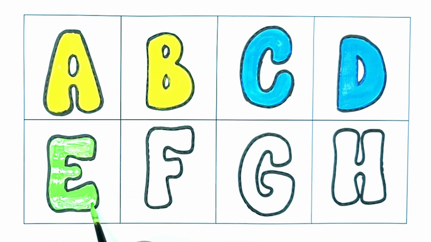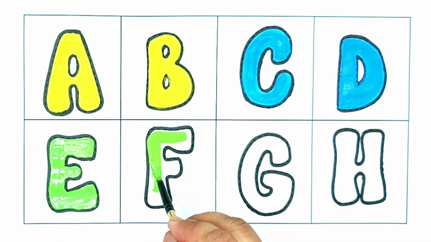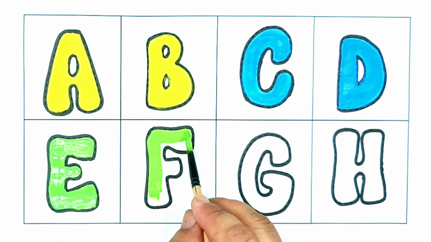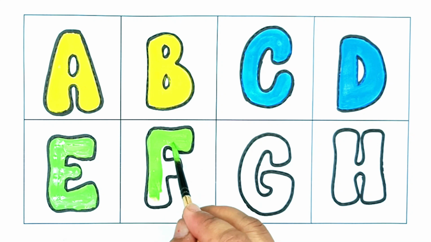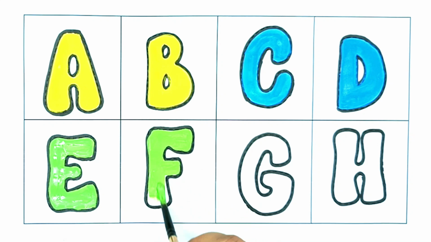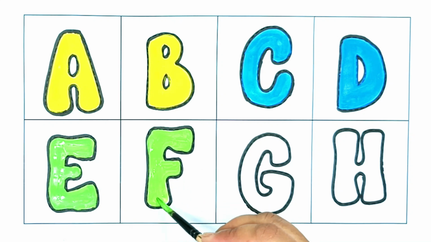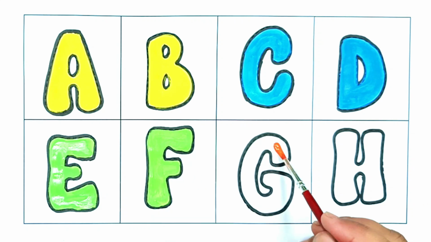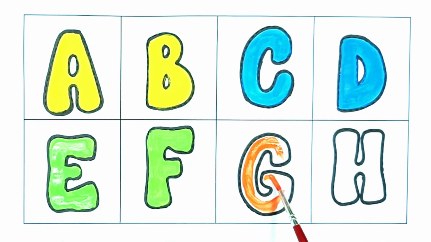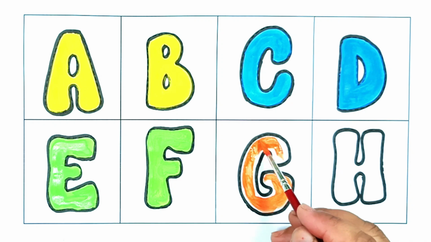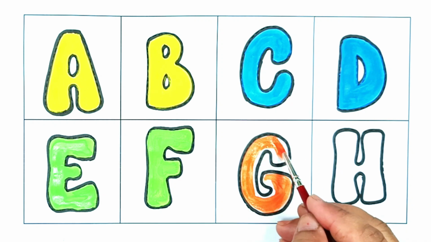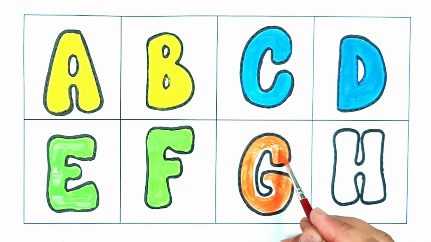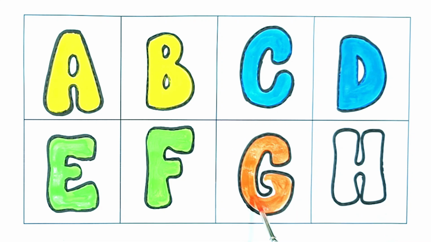E for egg. F for frog. F for frog. G for glass.